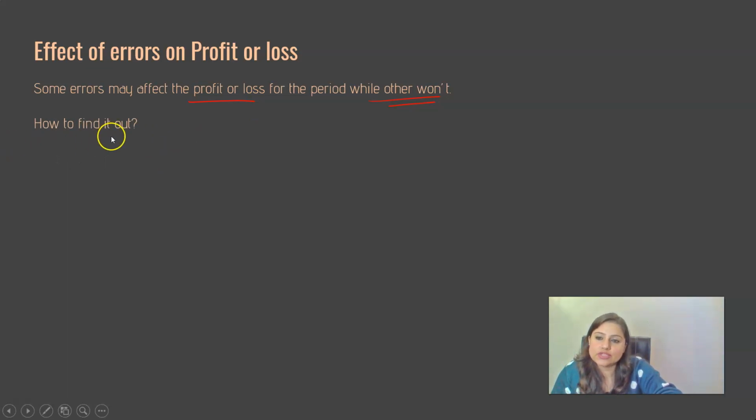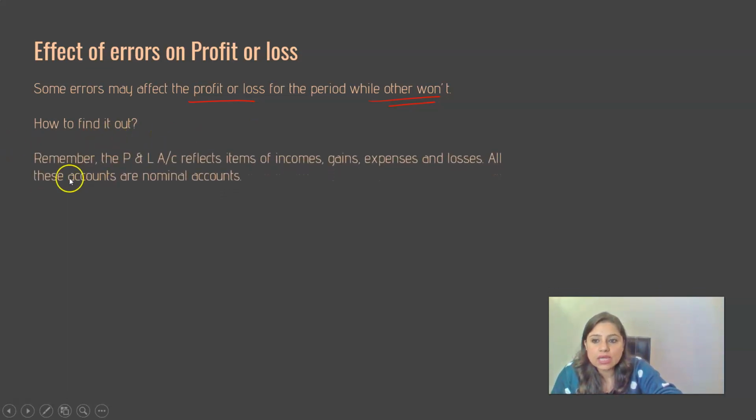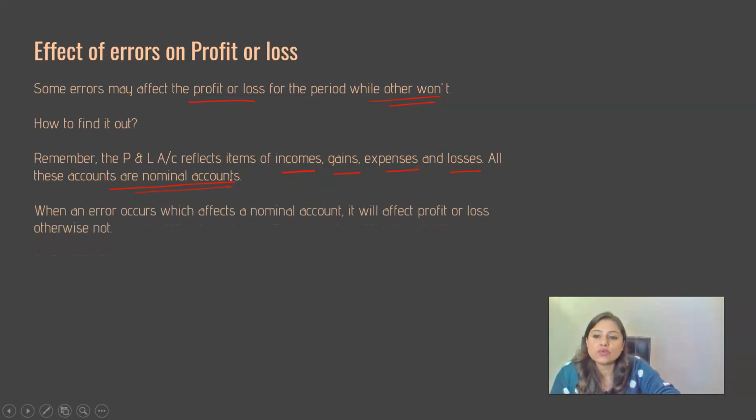So as the question says, how to find it out? The P&L account reflects items of incomes, gains, expenses and losses, and all such accounts are nominal accounts. So when an error occurs which affects a nominal account, it will thus affect the profit or loss, otherwise it won't.